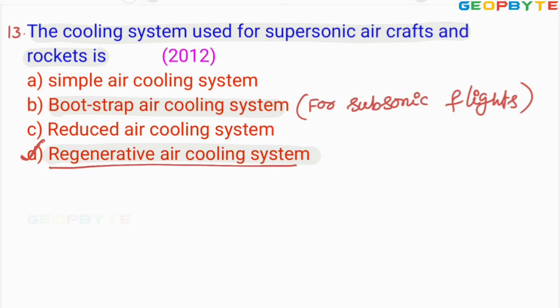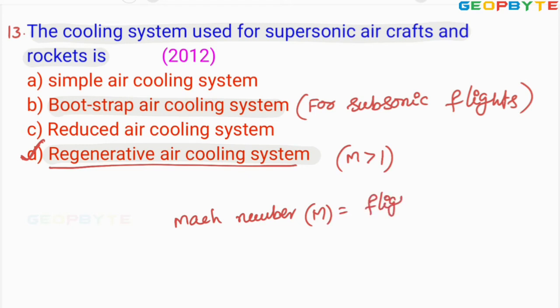Rockets are generally maintaining supersonic velocity, Mach number greater than 1. Here Mach number M equal to flight velocity by the sound velocity.